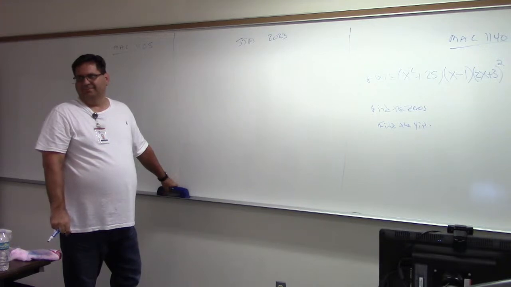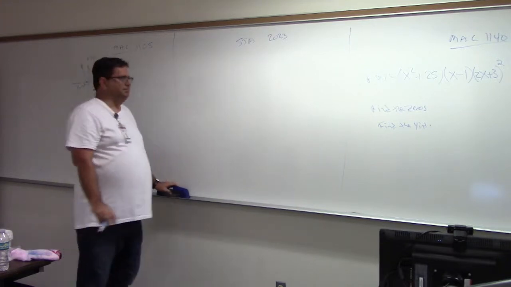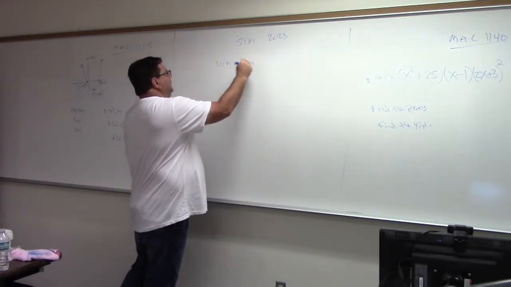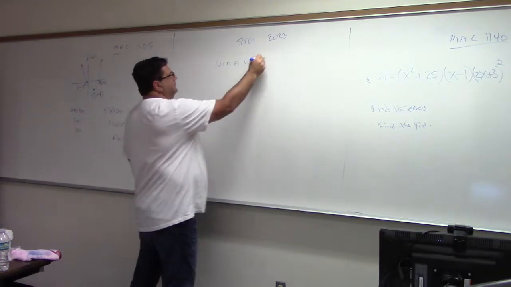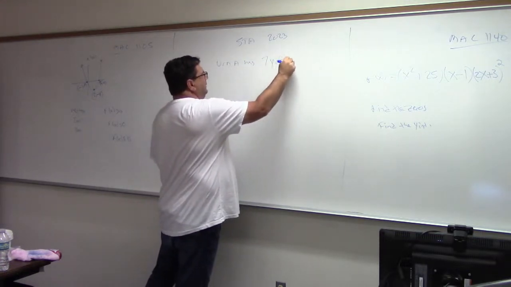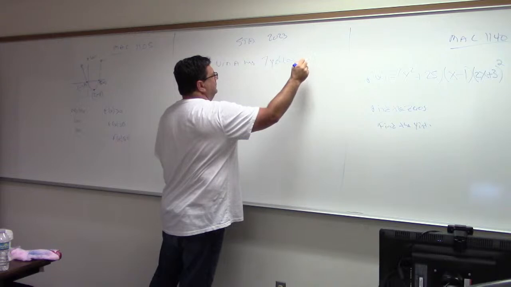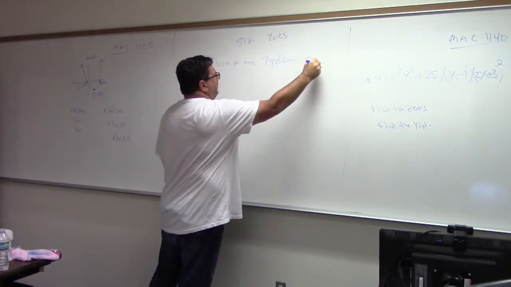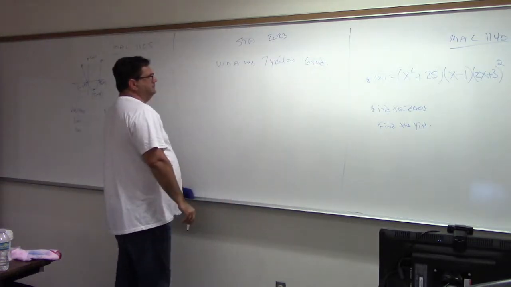You do the math to put it there. Right. I like that. All right, so urn A has 7 yellow, 6 red.